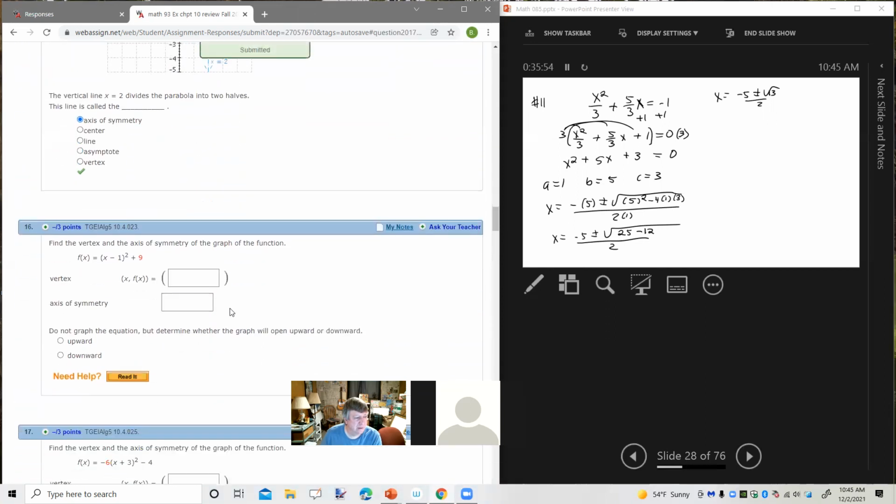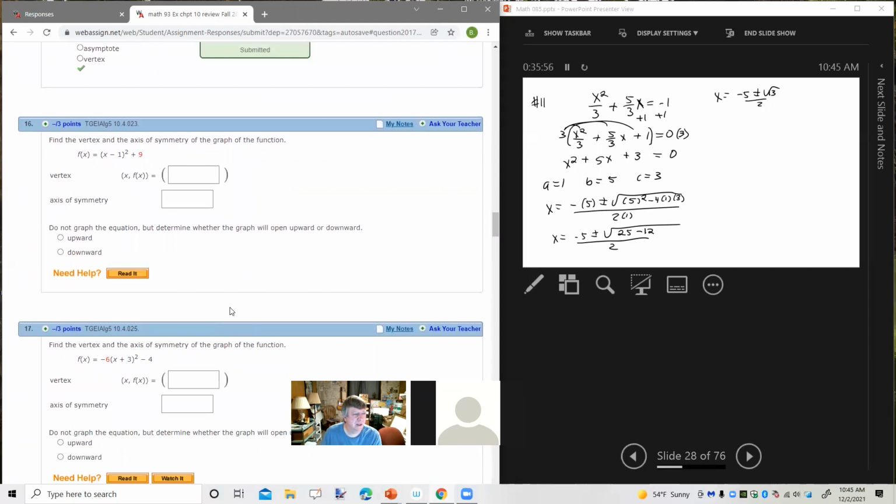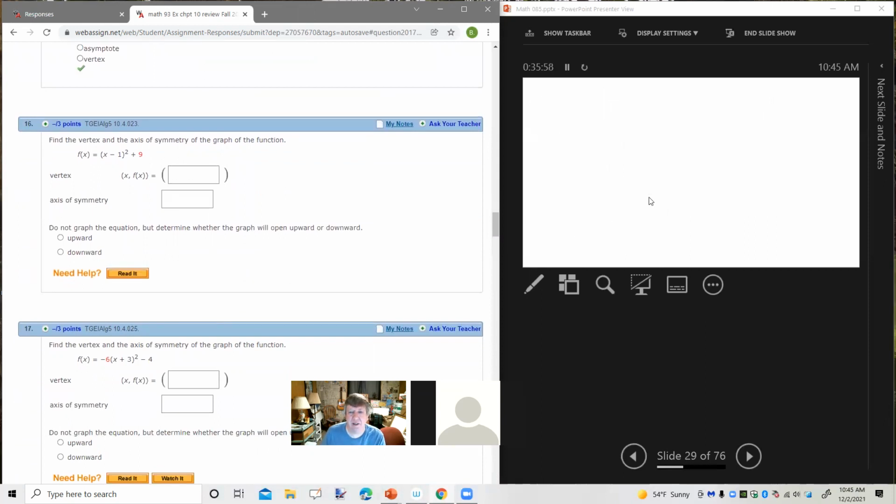All right. Okay, here it says, find the vertex and axis of symmetry of the graph of the function. So number 16, f of x equals the quantity x minus 1 squared plus 9. So this function is in the form y equals a times x minus h squared plus k.